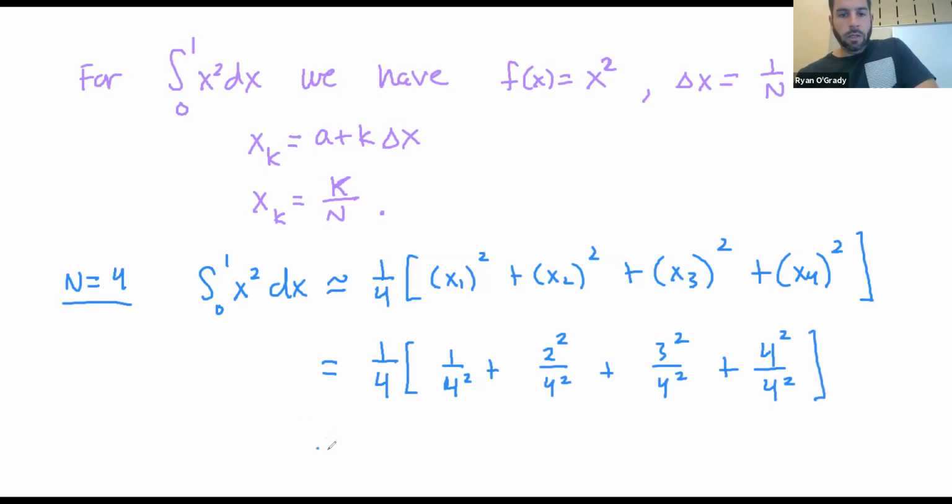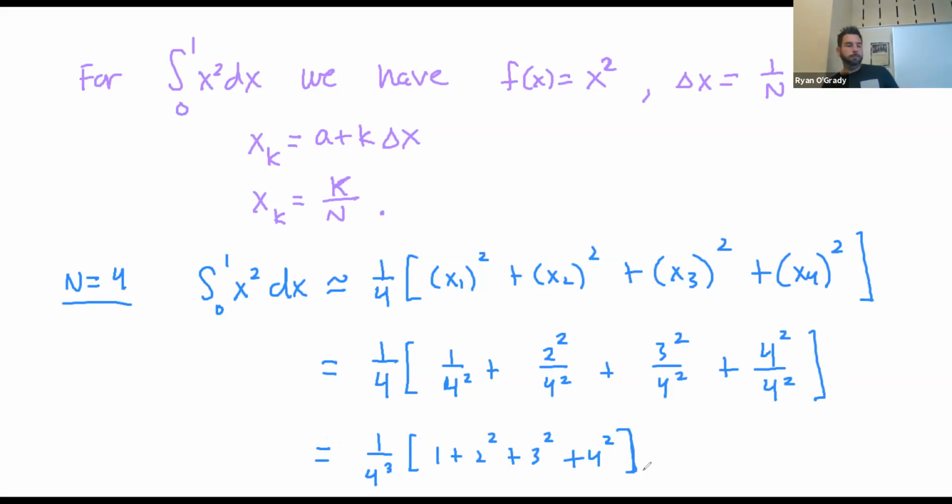And of course, you can clean this up. This is 1 over 4 cubed. I can pull out, and then you're left with 1 plus 2 squared plus 3 squared plus 4 squared. Now, we had a formula to do this quickly.